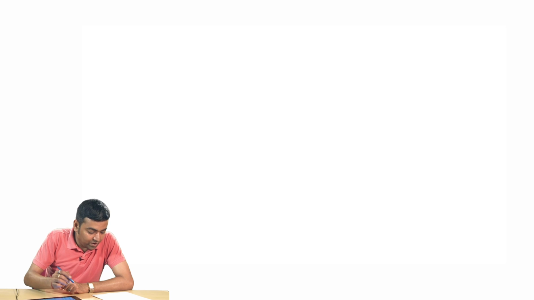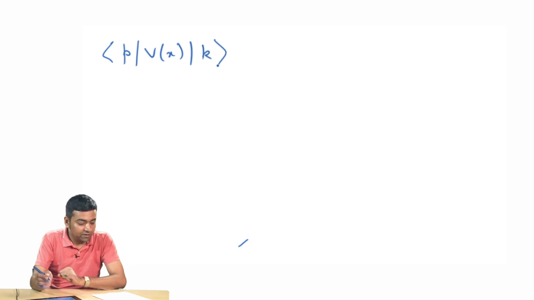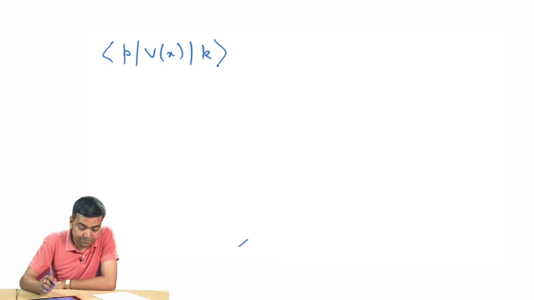So, if we work out the algebra, we will get the following thing. Note here we will get two different terms, one for the diagonal and one for the off diagonal term.